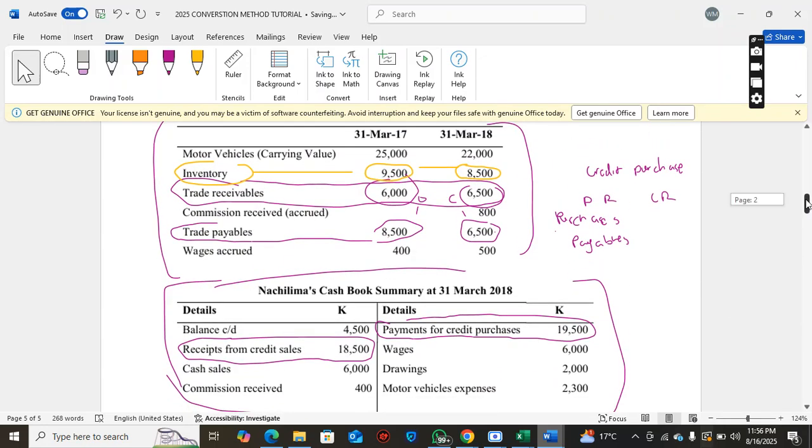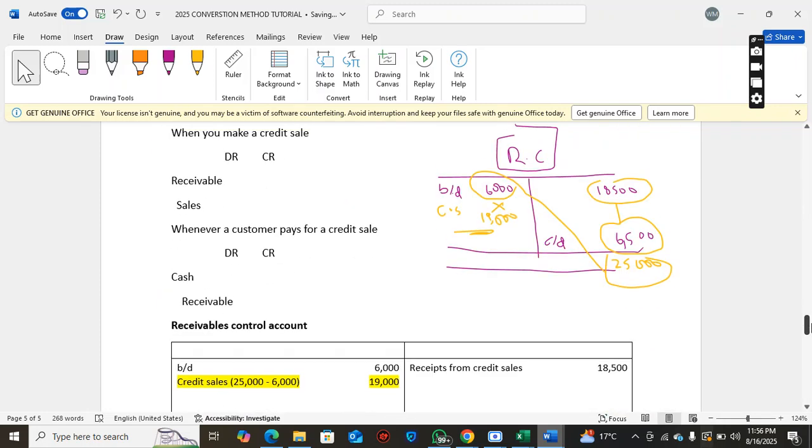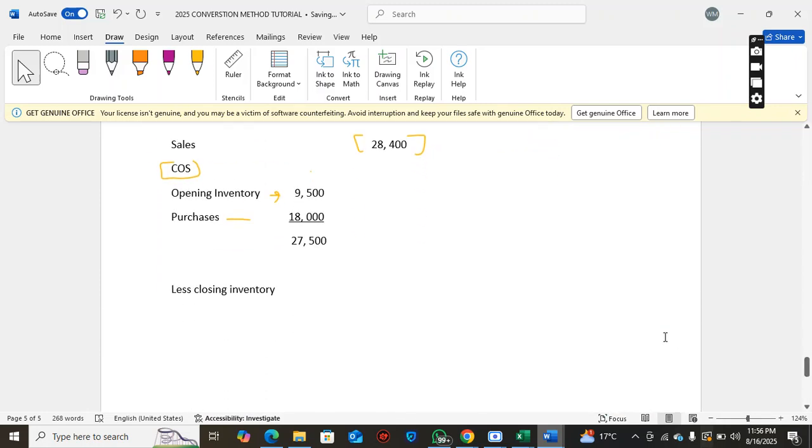Closing inventory 85. 27.5 minus 85, what do we get? 19,000.